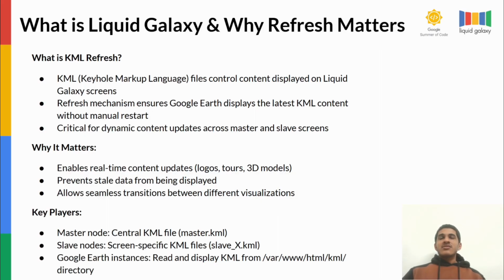Let's say there are three machines in which the middle one is the master and the other two on the left and right are the slave machines. So the one on the left may be named as slave_3.kml, etc. And the Google Earth instances read and display the KML from the given directory. So let's move on to the next page.